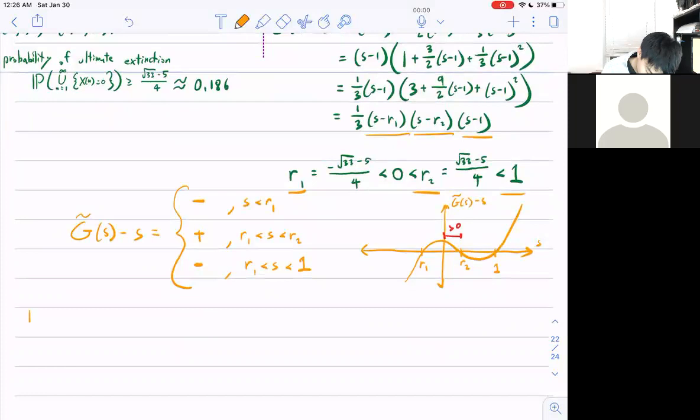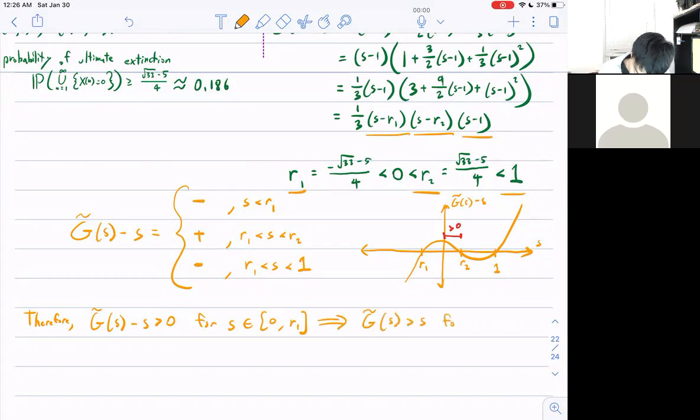So therefore, g tilde of s minus s is greater than 0 for s in the interval 0 to R1. Which is the same thing as saying that g tilde of s is greater than s for s in the interval 0 to R1. So that's the thing we're trying to argue.